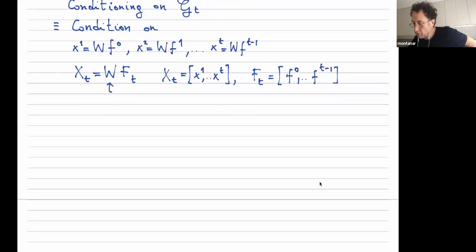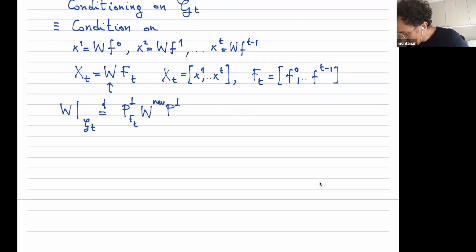Okay, so in this case, this general fact is the same. You can write it as follows. Conditioned on G_t, W is distributed as the projection orthogonal to the columns of the matrix F_t of a new matrix, plus some conditional expectation.